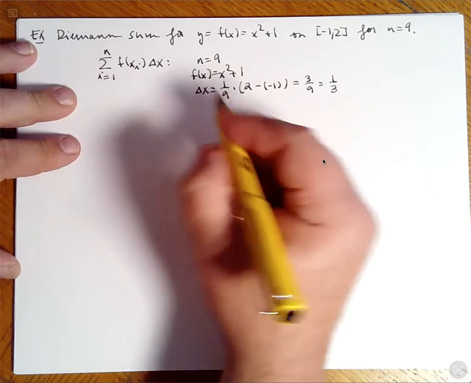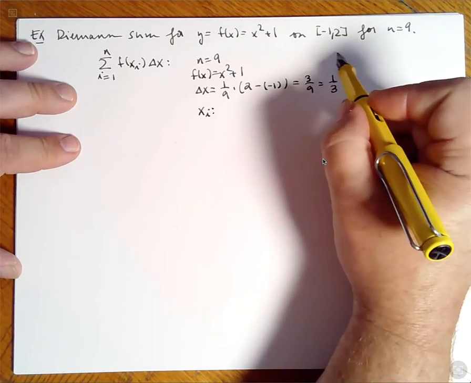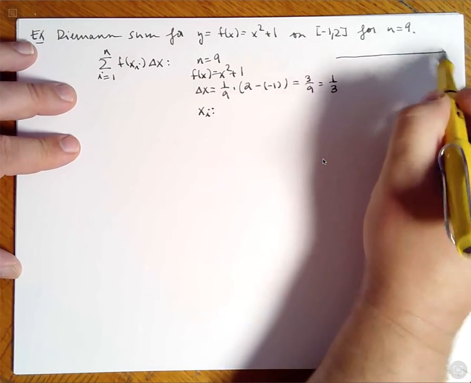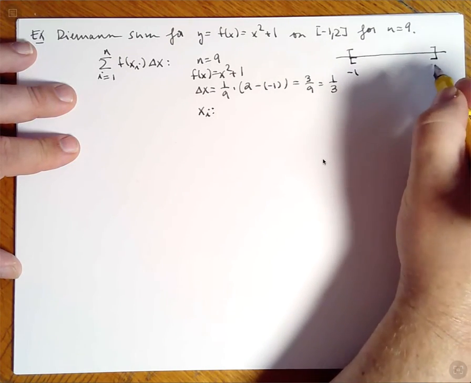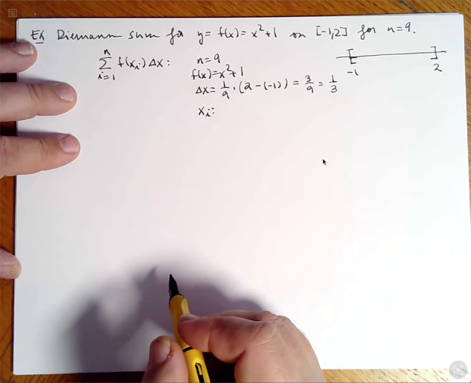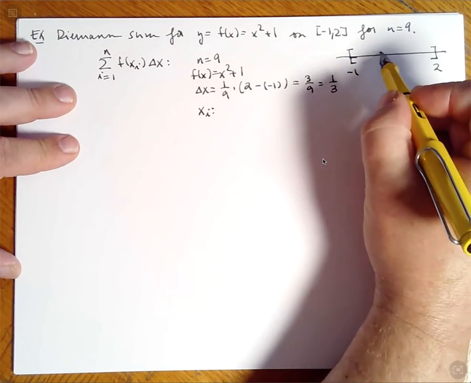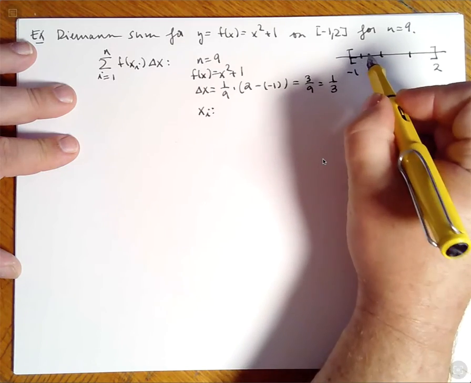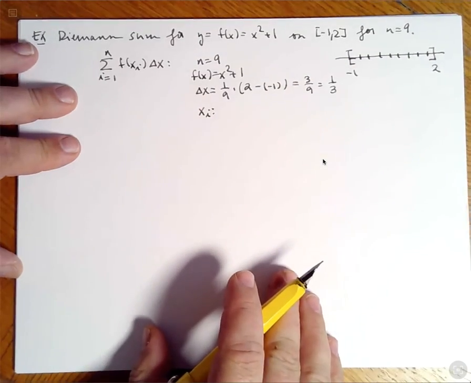And then the xi. So what are the xi? Let's just do this. You don't have to do this every time. But we have an interval from minus 1 to 2. We want to divide it into 9 subintervals. So I'll divide it into thirds, and I'll divide each of those into thirds again.